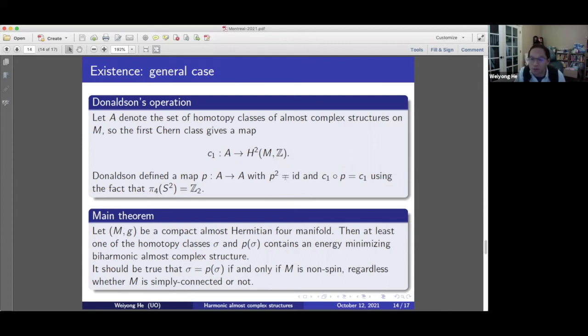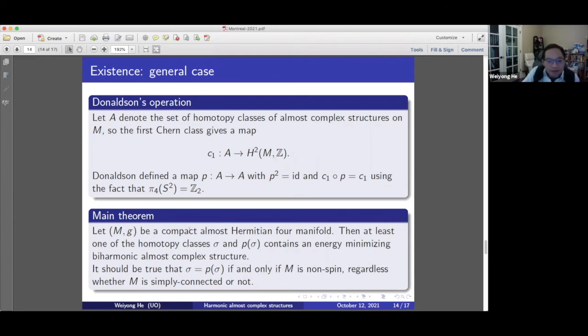I do not know a proof. Professor Peter Teichner posted a proof on MathOverflow that, from my point of view, I seem to understand, but I checked with him, sent an email, and did not get feedback. So that's unfortunate. Anyway, I tend to believe that P is the identity when M is non-spin.